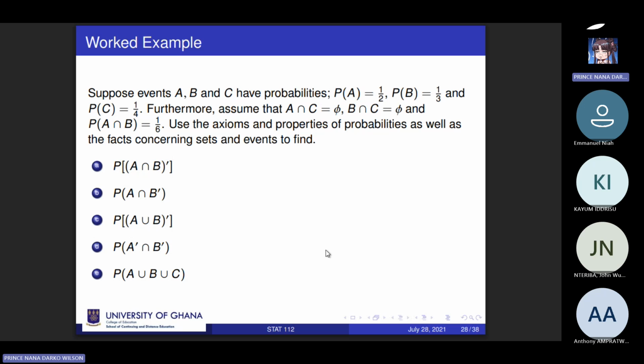So this question says that we have to find the complement of the probability of A intersection B. In other words, we are finding A and B, and then we take that out of 1. So a quick recap of our previous lesson, we are going to use this example to do that. Let me share my board quickly and then let's dive right into it. We have so little time.